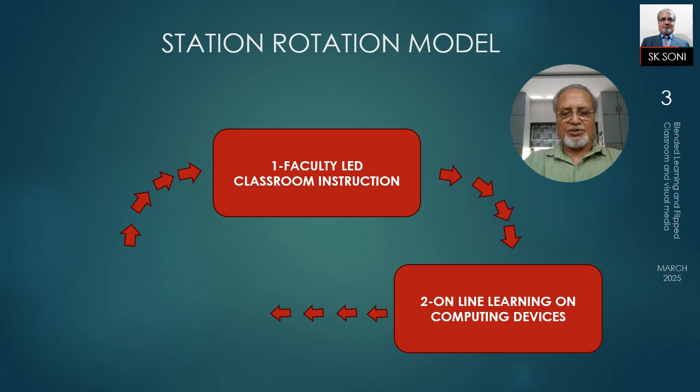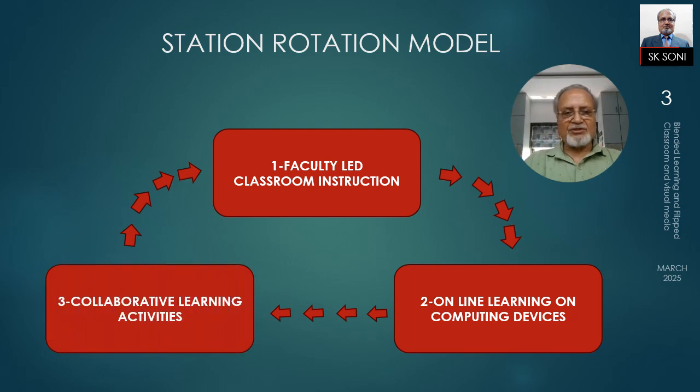Second station, in the same campus of the institute, students have facilities of internet and computing devices, so they can learn online. The third learning station may be a hall where groups of the students can work on computers and they can collaborate, learning different concepts and procedures and principles. So this is how students move from one station to another station, known as station rotation model.